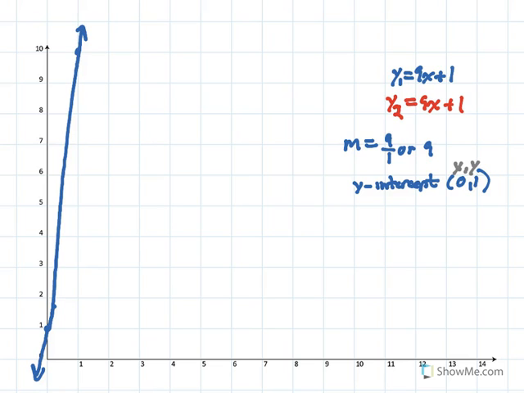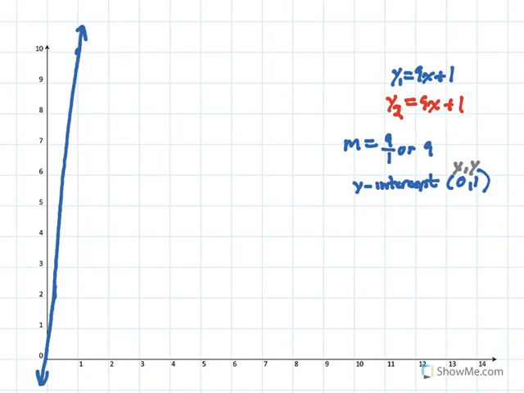So there's no need to graph the other one because the other one's the same. So both of these lines are going to be on top of each other. This is the graph, and let's go ahead and correct that. Okay, so that would be the graph for both of those lines.